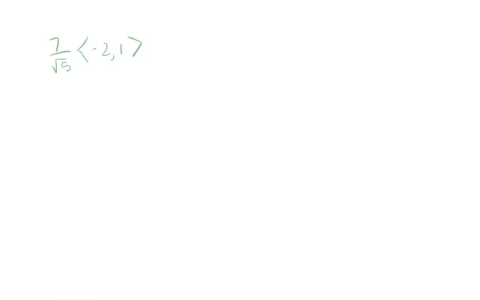And we want to find the magnitude. The magnitude should be 7. So I'm going to distribute this. So we get negative 14 over root 5 and 7 over root 5.